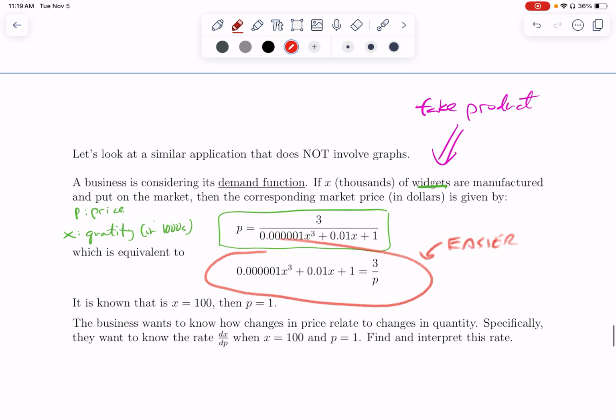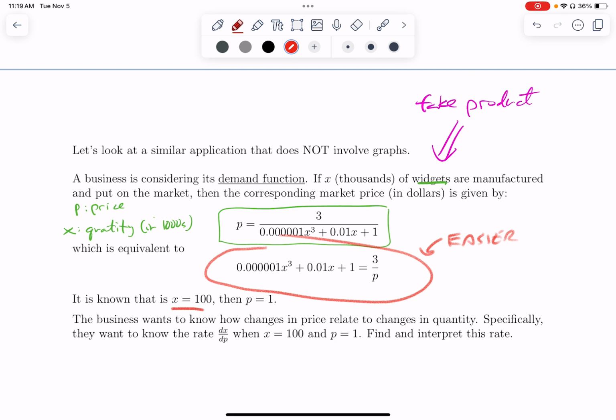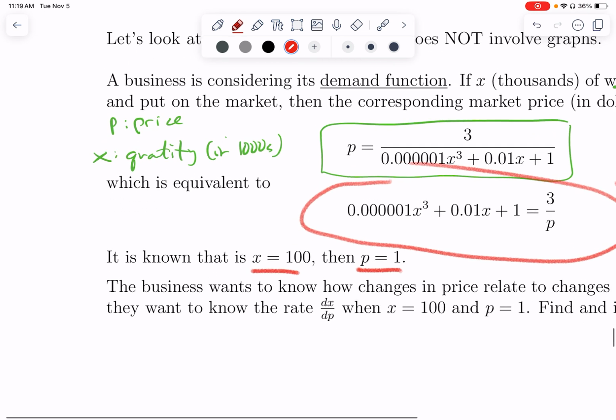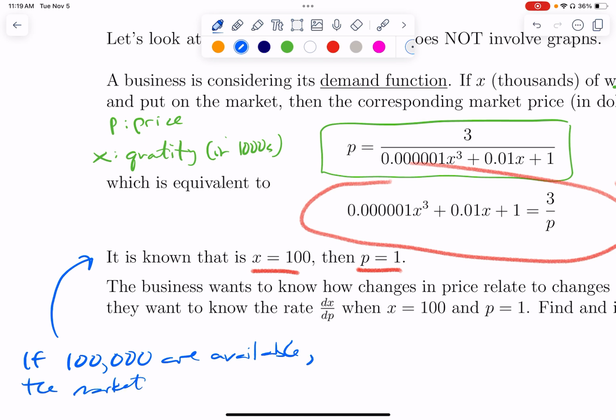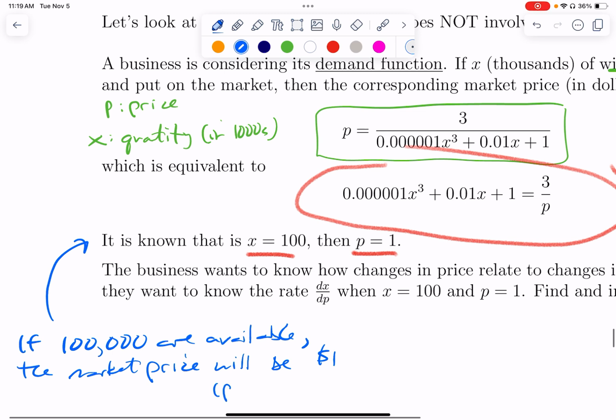And I will tell you, if we plug in, it's known that if x equals 100, then p equals 1. So what that means is, let's just interpret this before we get caught up in the math. This is saying if 100,000 widgets are available, remember we're counting the widgets in thousands, the market price will be $1, namely $1 per widget.